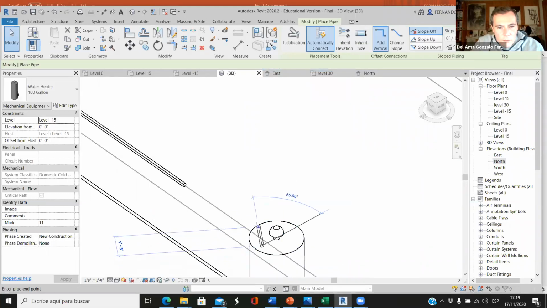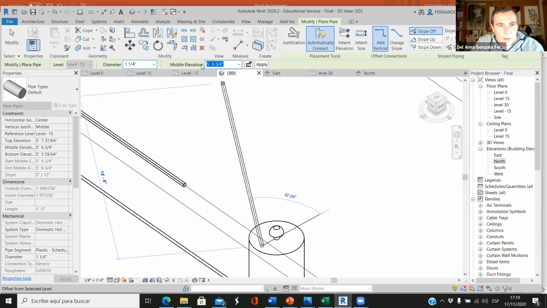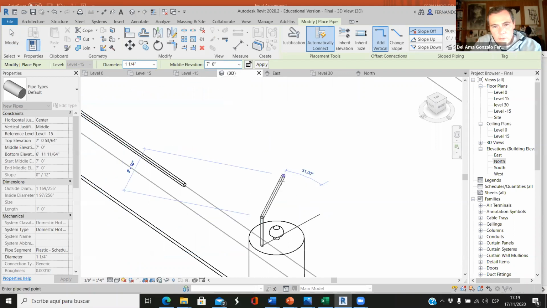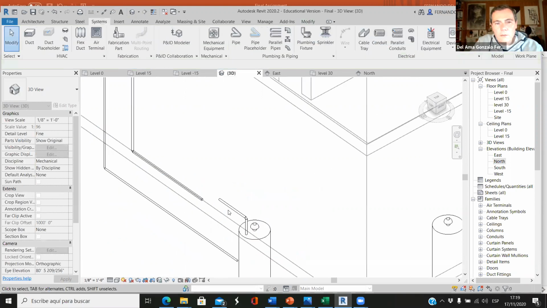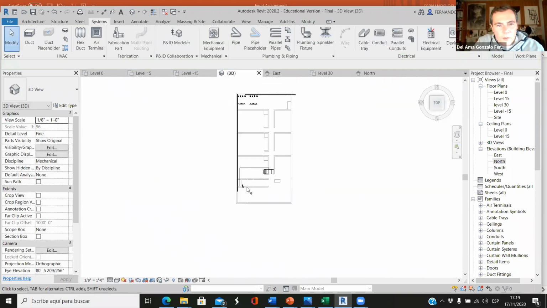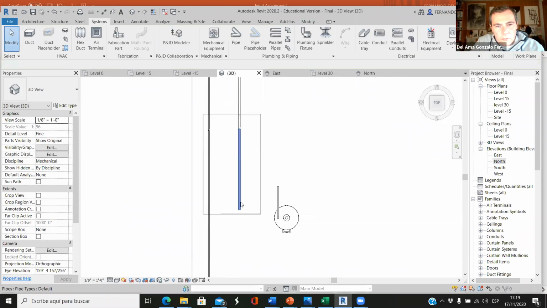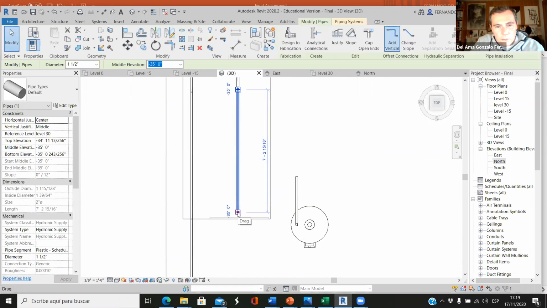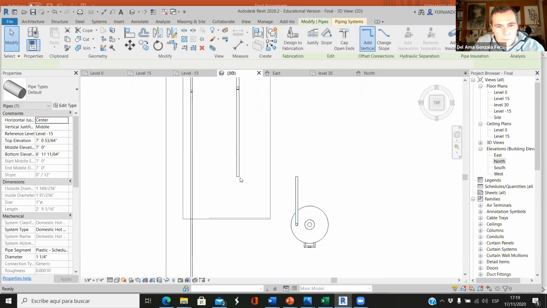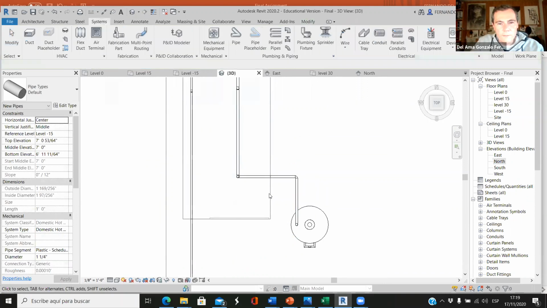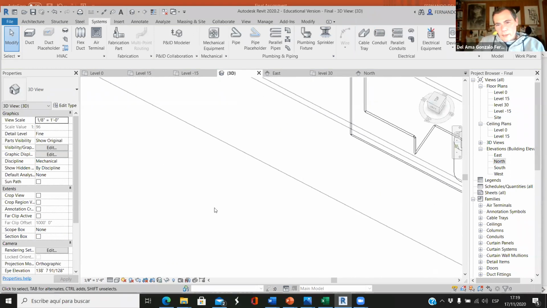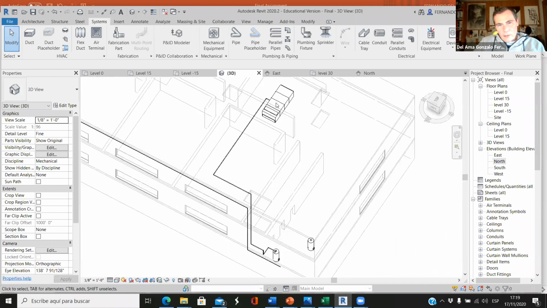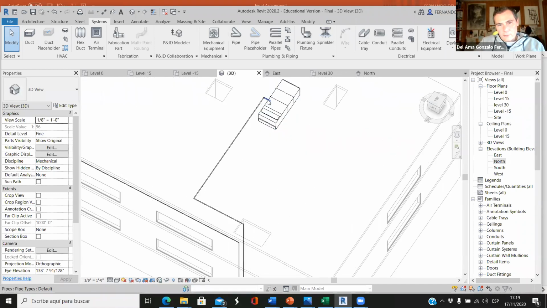Draw pipe, middle elevation, let's make it 7. And now from the top view, there you go. So the water heater outlet is connected to the air handling unit inlet.